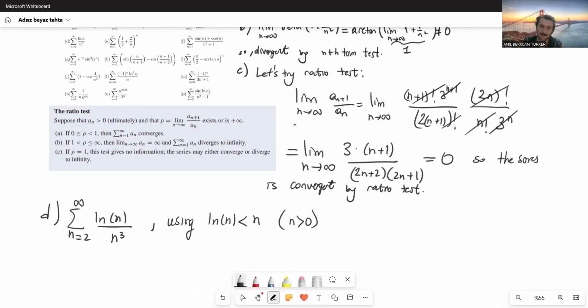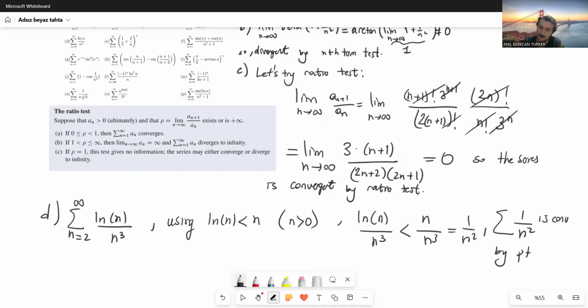Since we are only dealing with natural numbers and this is already bigger than 2, we don't have to mention it, but this is happening because of this. So we are going to use direct comparison, n over n cubed. So this is 1 over n squared. And observe that 1 over n squared is convergent by p-test.